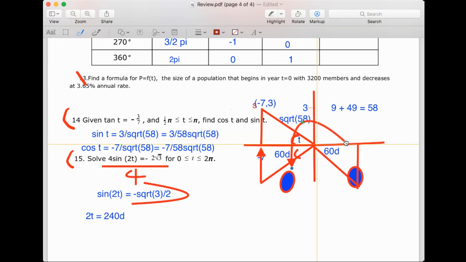I need to measure from the starting point, the positive side of the x-axis. Going up to this coterminal line, that's pi plus 60 degrees, or 180 plus 60, which is 240 degrees. What about this angle? I start from the beginning and run up to this coterminal line. That's 360 minus 60, which is 300 degrees. So we have 2t equals 300 degrees.